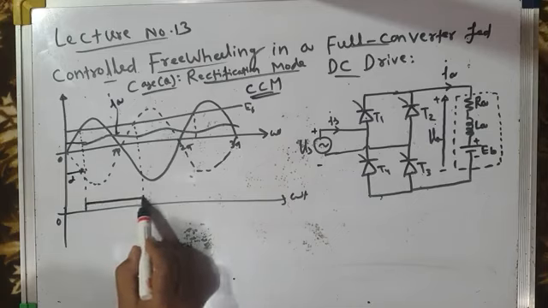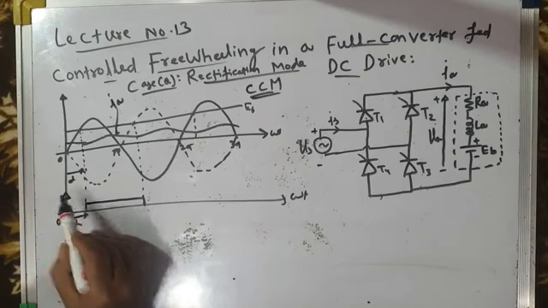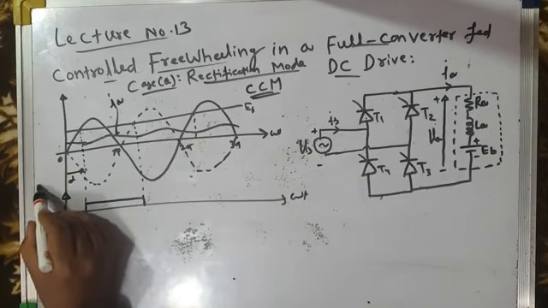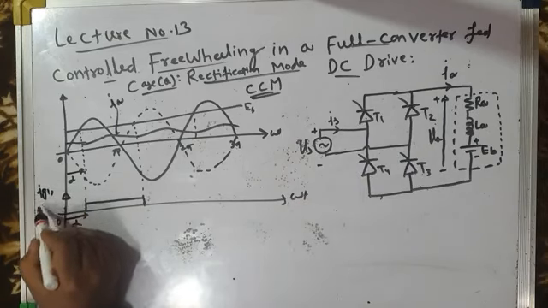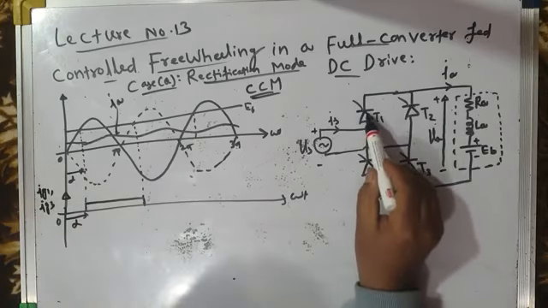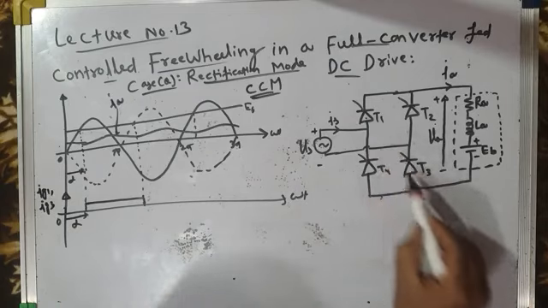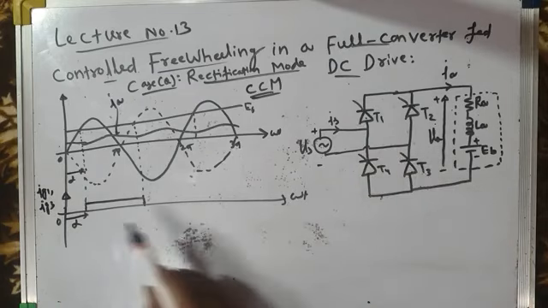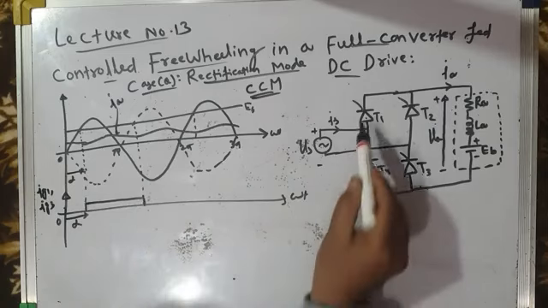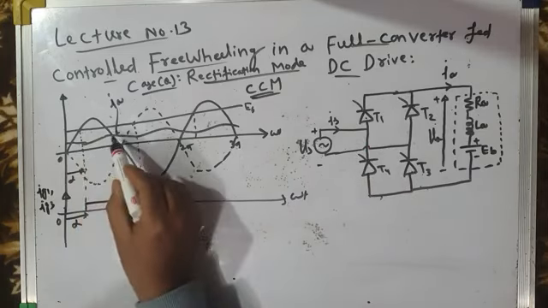This is the gating pulse after a delay of alpha electrical degrees. This gating current pulse is Ig1, Ig3: Ig1 means gate current pulse of thyristor T1, and Ig3 means thyristor T3. Since both have to be fired simultaneously, a single pulse can be applied to both devices. This is for the positive half cycle of voltage.